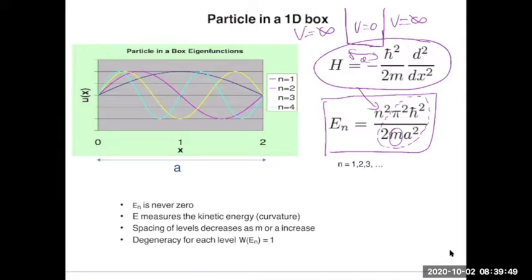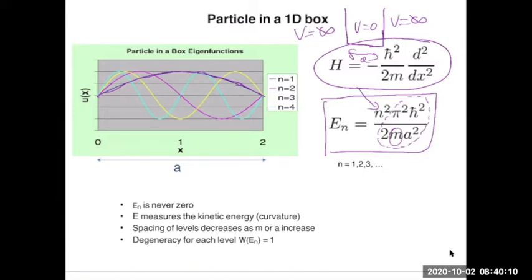If you actually look at the states, let's pick out n equals 1. This is the box here, and this is the state n equals 1. If you plotted the wave function, that would be the lowest energy wave function. When n equals 1, you get this energy here.